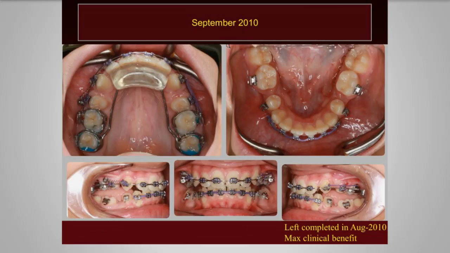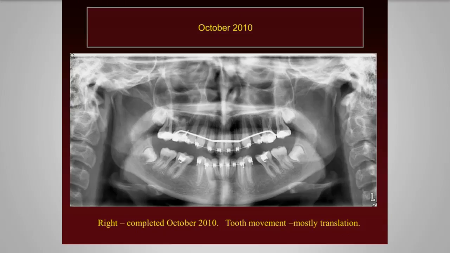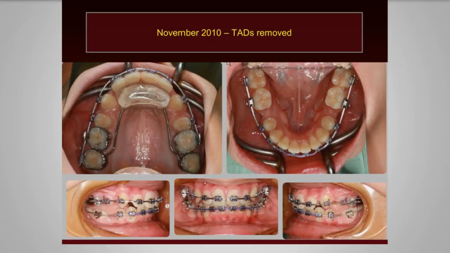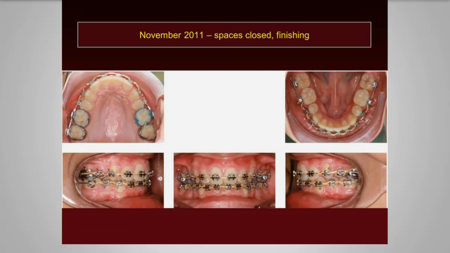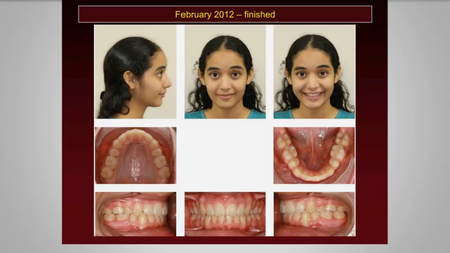This is a couple of months after the retraction started, and this is on one side. On the left side, the retraction was completed. She was out of the study about 6 months later. The spaces were still there, but the cuspids were in class 1, and then standard orthodontic procedure continued to retract the cuspids all the way, close the spaces here with the loops and class 2 elastics, and again in the finishing stage she finished very well.